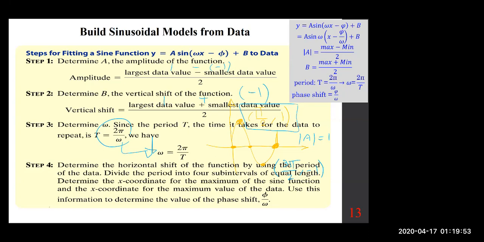So you look at 1/4 of the period, and you subtract that from where you see the peak. That is the shift. What do we mean by that? And again, this is maybe not that easy to see, but let's just look at the examples to make some sense out of this.